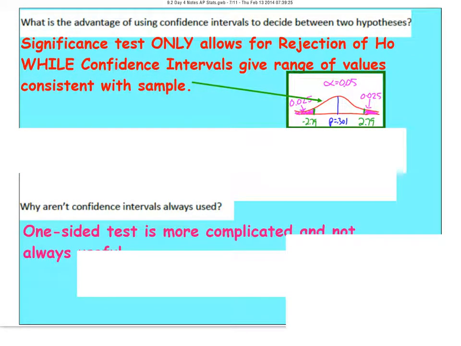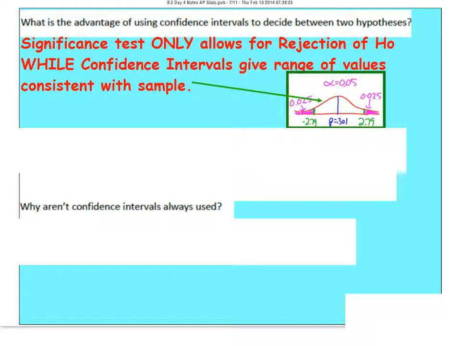So if you think about it back to our picture, here's what we had for our picture of our normal curve. Now for the hypothesis test we did, we were just able to see about our p-values. But the nice thing is if you construct the confidence interval, it is going to give you this range of acceptable answers, and you're going to get some numerical values associated with it.